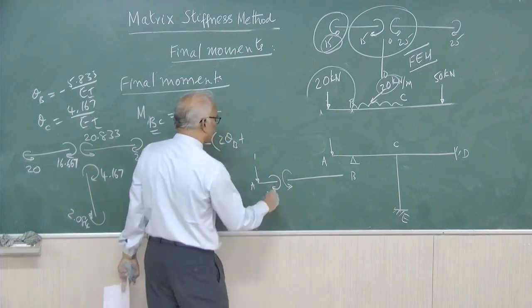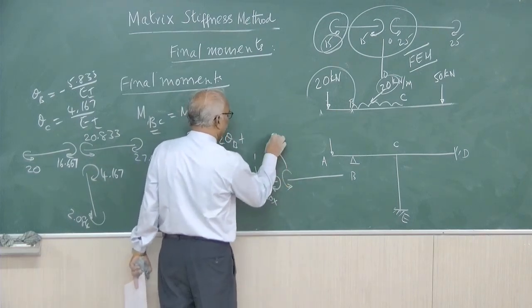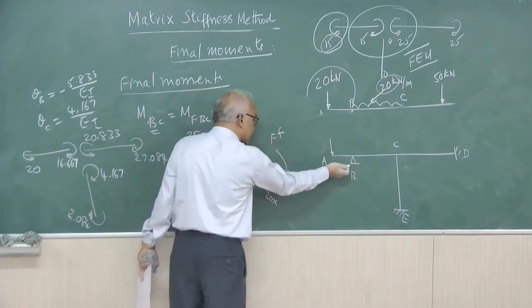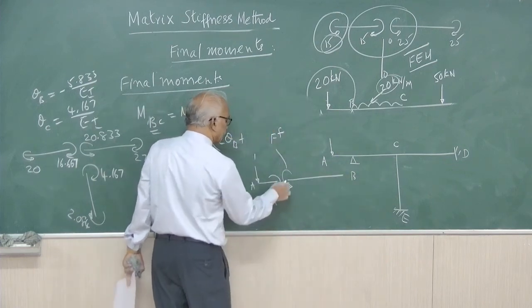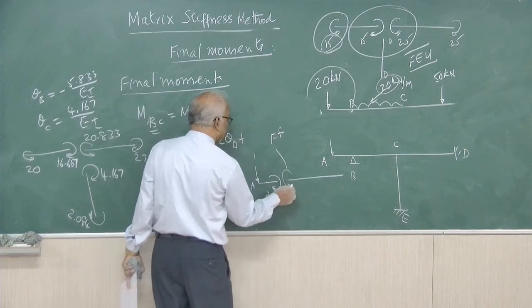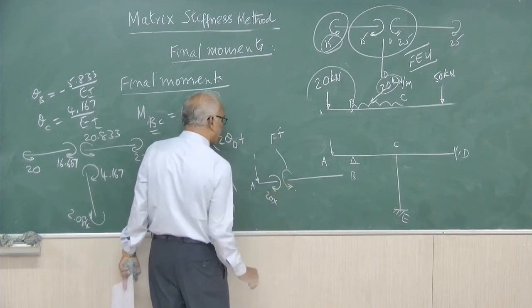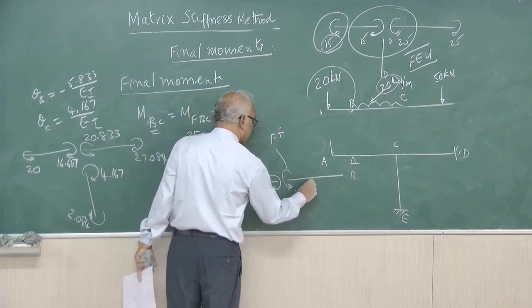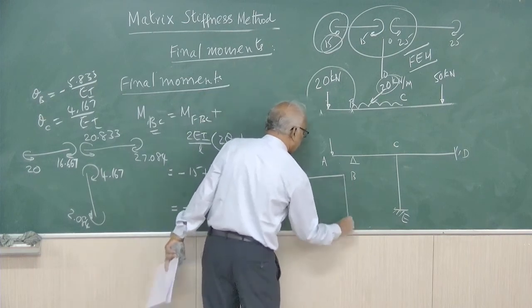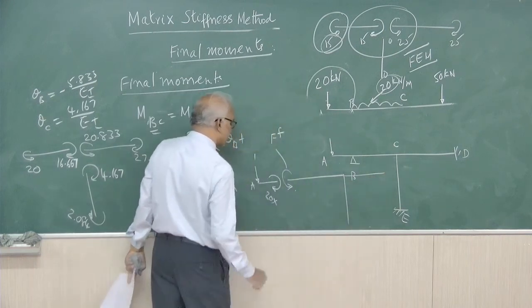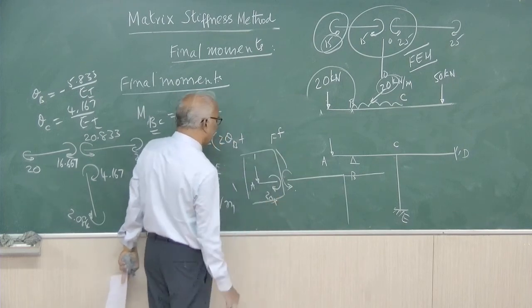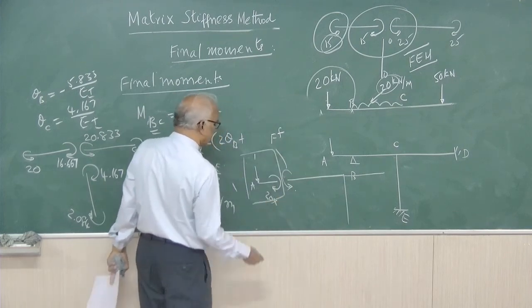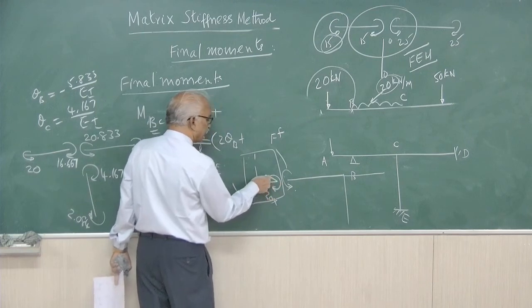So, this is what we have considered as F of F. In this structure, B, C, D, this is anticlockwise, because on this structure it is anticlockwise. Whereas, in the cantilevering portion, it is only clockwise, 20 into 1. So, this will cause tension at the top.